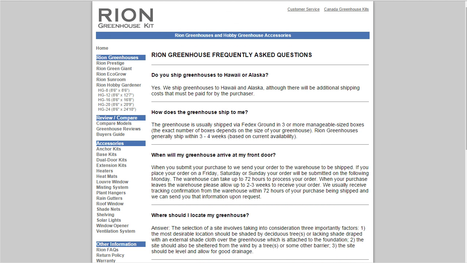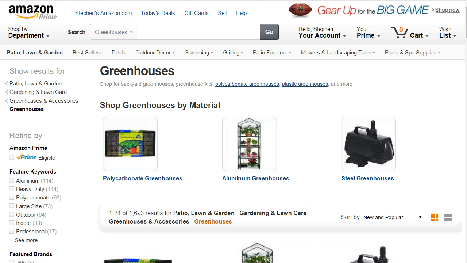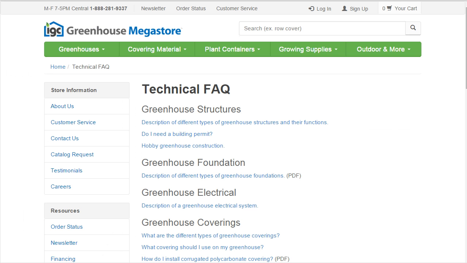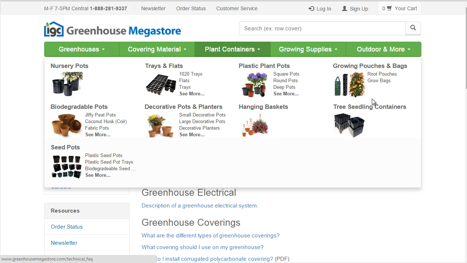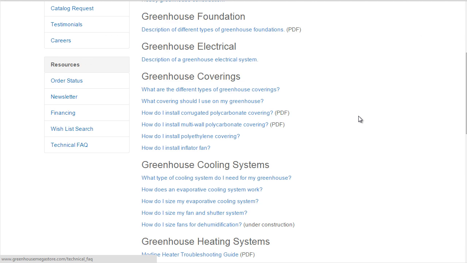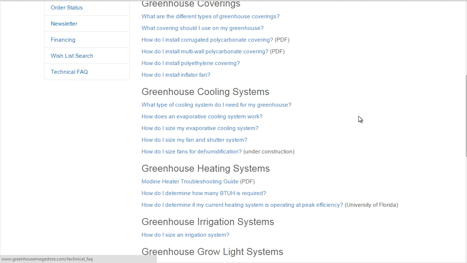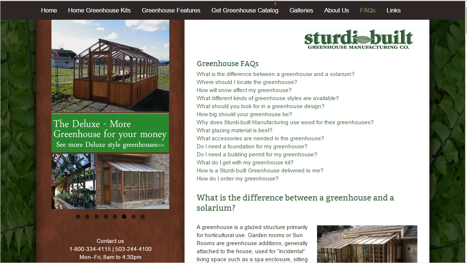Most of these are not related to greenhouse, they're just related to the company. Okay, so what I would do first is compare the main different sites that are related to greenhouses. I would look at the FAQs and see what questions are actually popping up that match those of the other sites.